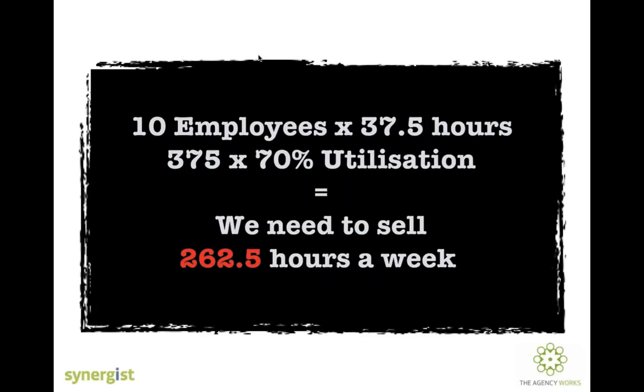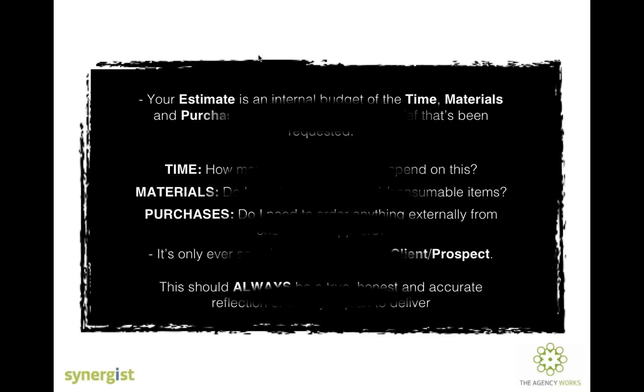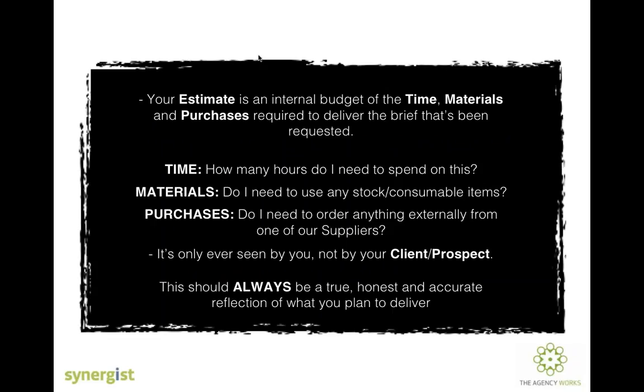To meet that target, one thing that we've noticed working with a lot of agencies is they don't have a separate estimate to the quote. That's one thing agencies benefit from massively in capacity planning and resource management: keeping that estimate separate from their quote.